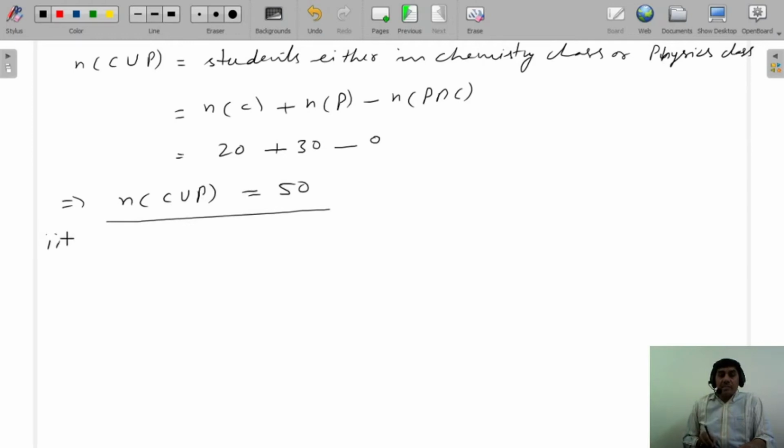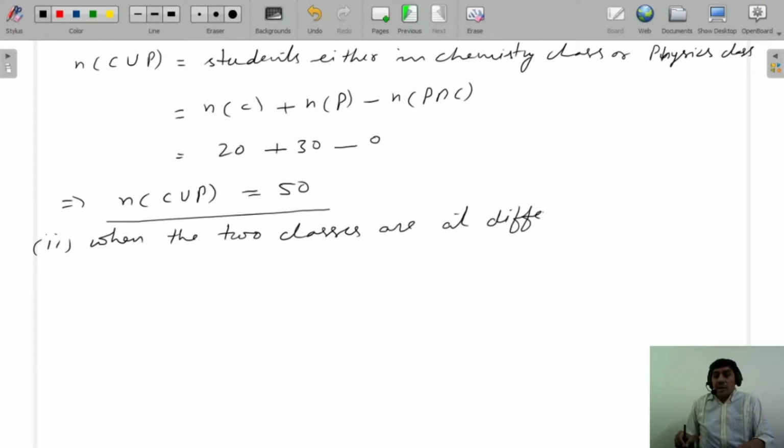Second case, when the classes are at different hours, then n of C intersection P is equal to 10. It is given that 10 students are in chemistry class as well as in physics class.